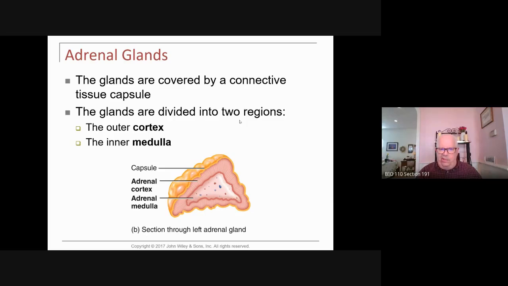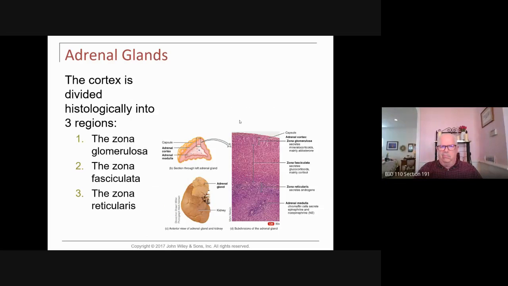Both areas produce different hormones. The cortex is divided into three regions, and yes, you have to know the regions. The zona glomerulosa, the zona fasciculata, and the zona reticularis.